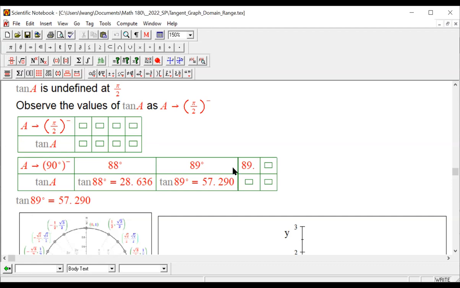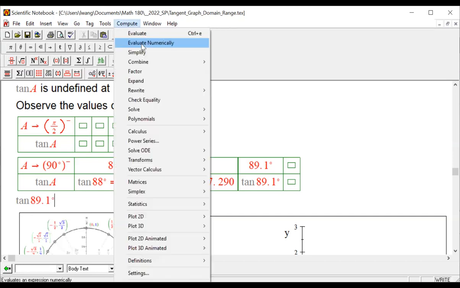Okay, so let's do 89.1. How about that? We're even closer to 90 degrees. So let's look at tangent of 89.9, sorry, this is a 0.1 step. What will that ratio be?